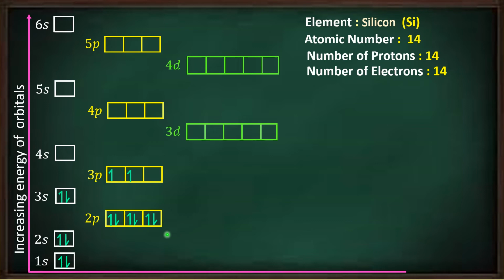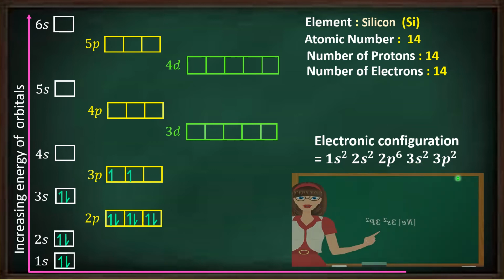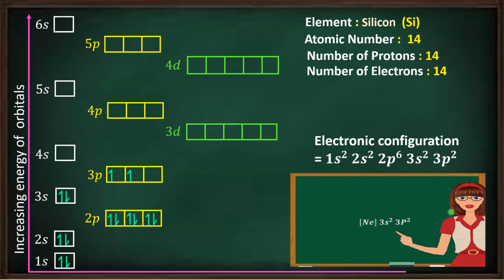So in this way, the electronic configuration of silicon is 1s2, 2s2, 2p6, 3s2, 3p2, or we can write it as neon 3s2 3p2. This is the electronic configuration of silicon, isn't it?